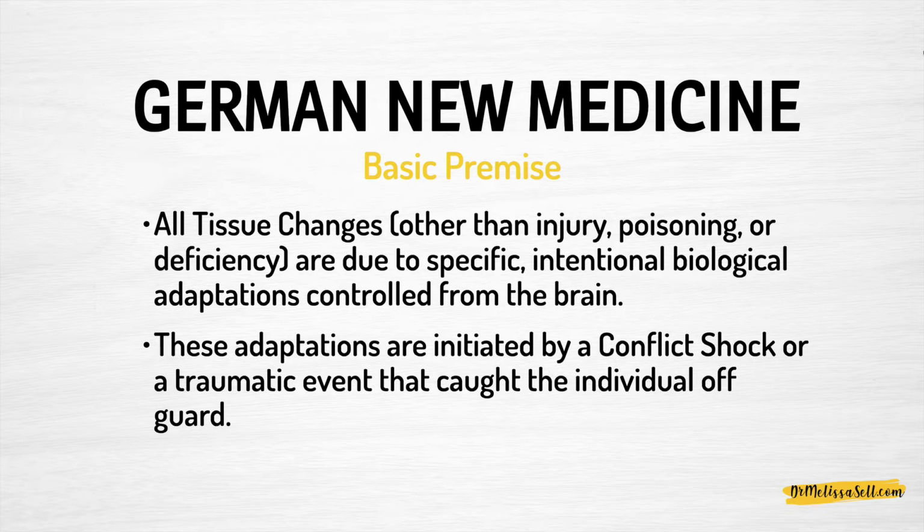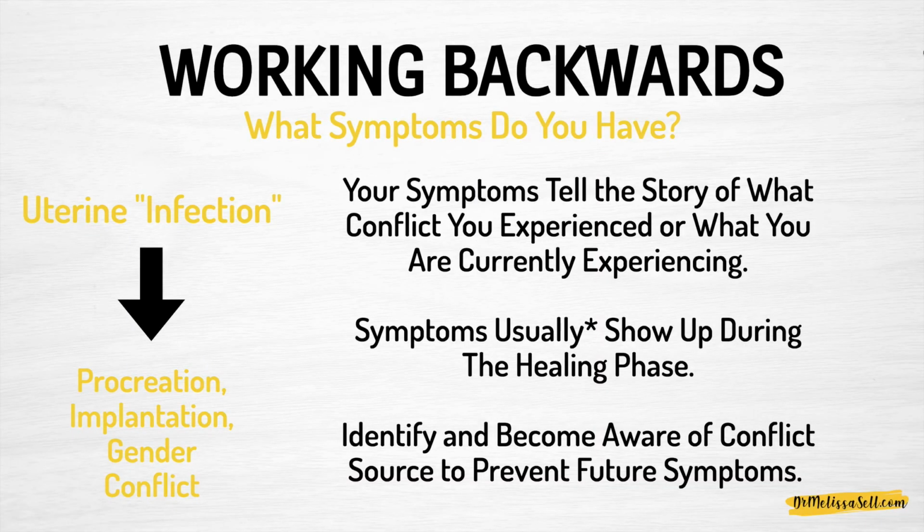The adaptations are initiated by something that catches you off guard, a conflict shock, some type of traumatic event caught an individual off guard, and their body initiated a biological program to adapt them to their situation to give them the best opportunity for survival or procreation, basically making their life longer or the lives of their offspring longer.